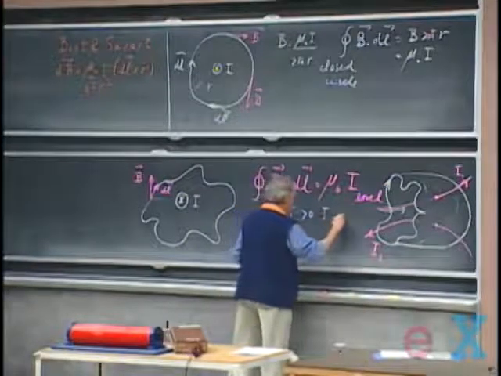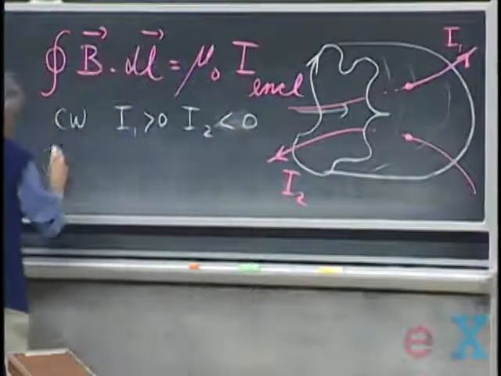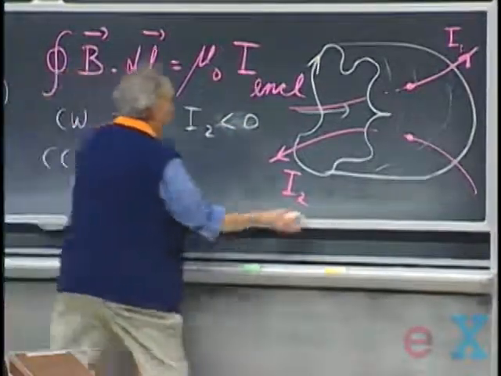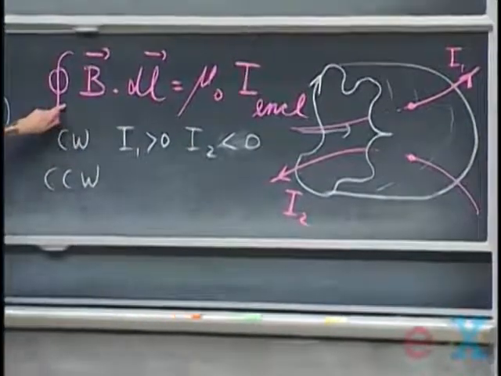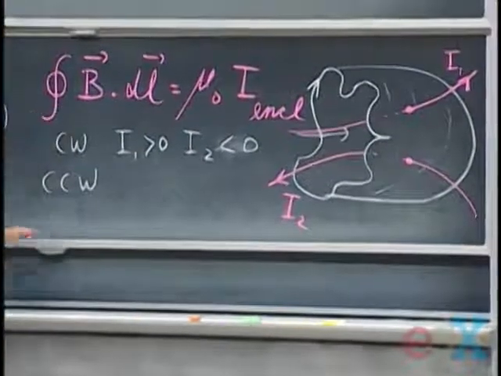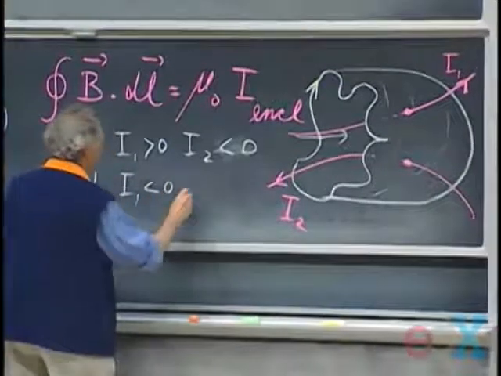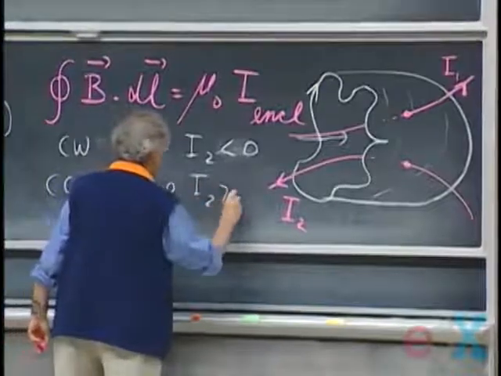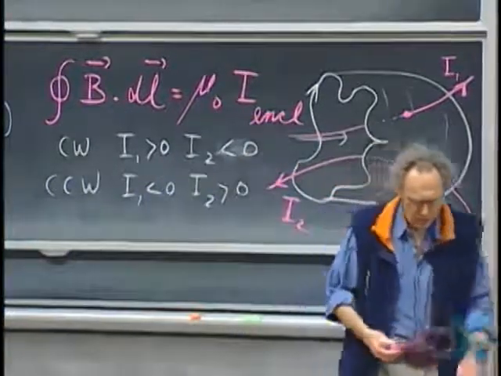I2 is then smaller than 0. But if you decide to go counterclockwise, which is perfectly fine, Ampere's law doesn't at all dictate in which direction you have to march around, then I1 would be negative, and I2 would be positive. So we follow the right-hand corkscrew notation.